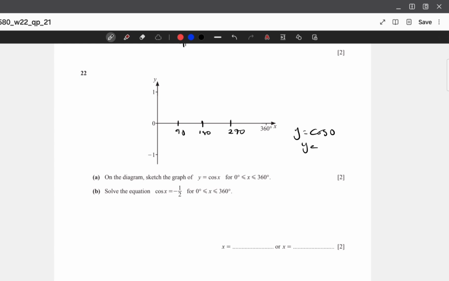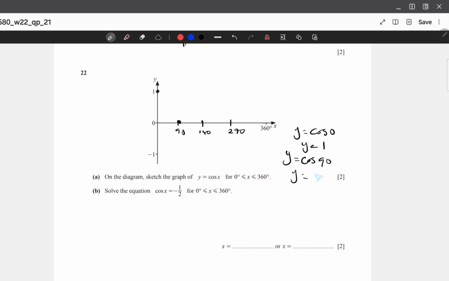Cos 0 is 1. So as x is 0, I put a dot here. Then cos 90: as x is 90, y is 0. So dot here.